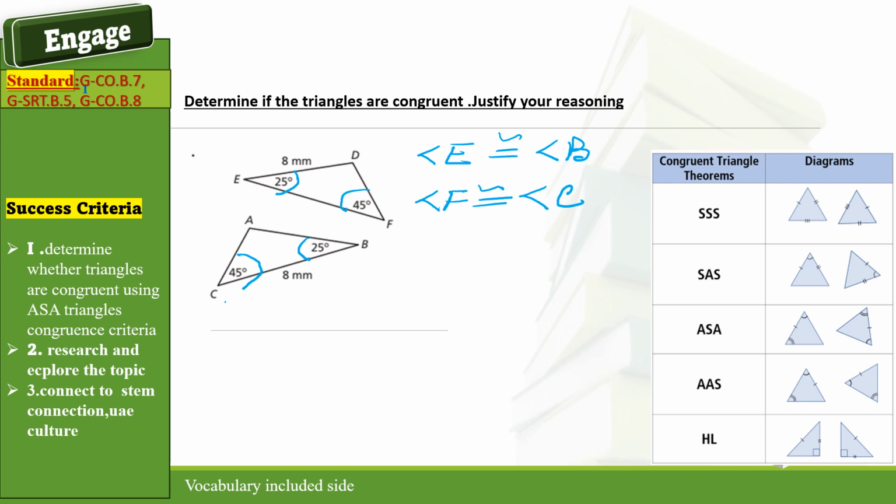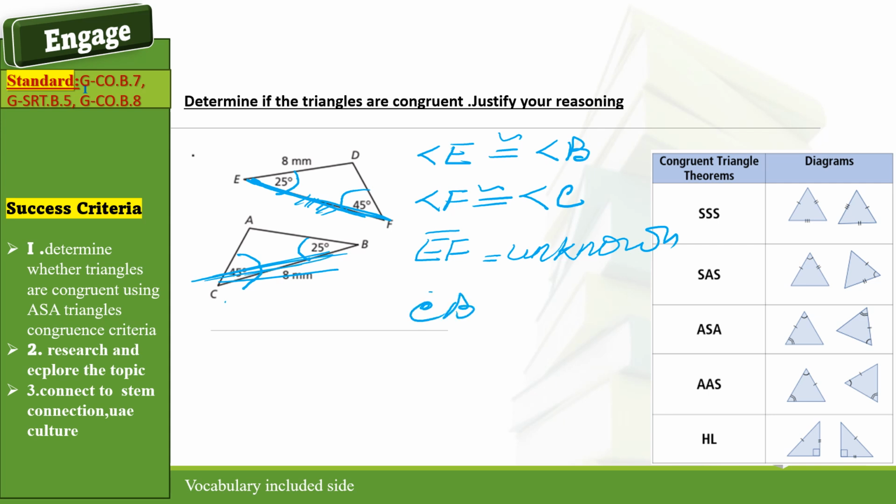Now let's check the included side. The included side in the first triangle is the side which joins the two angles. So in the middle of them is this part, which is EF. Is there any measurement written on EF? No, it's unknown. But look at the second part. Here the included side is CB.